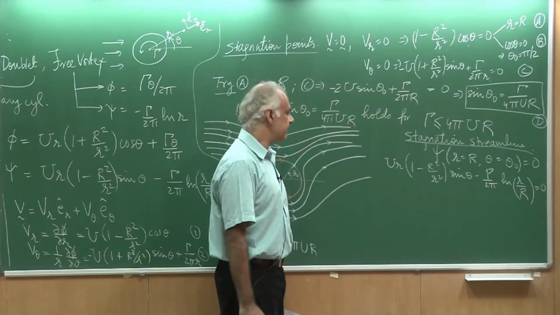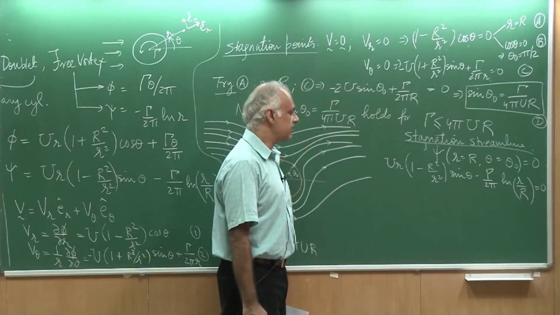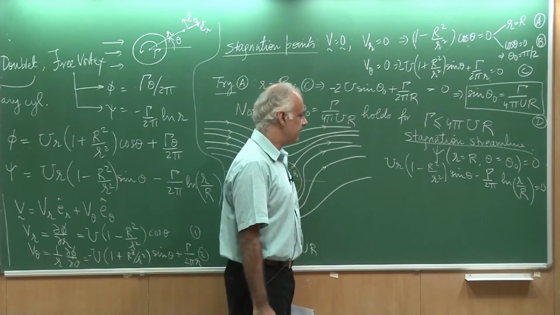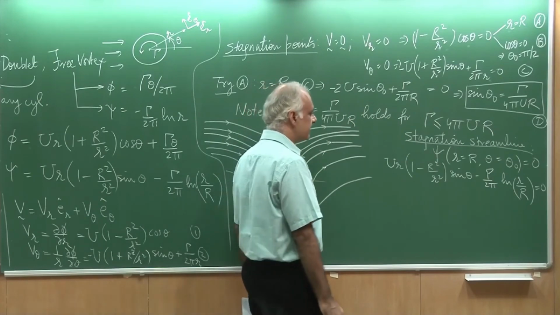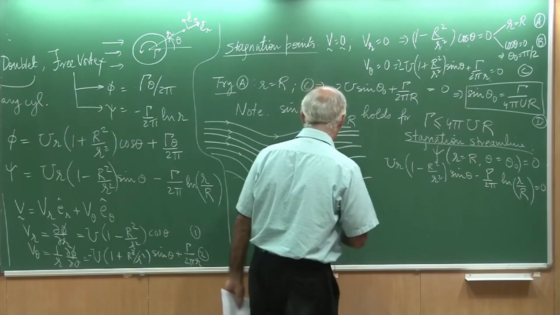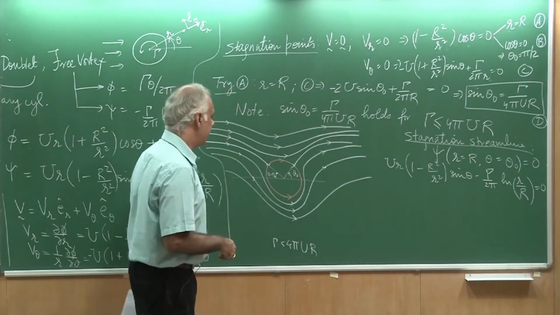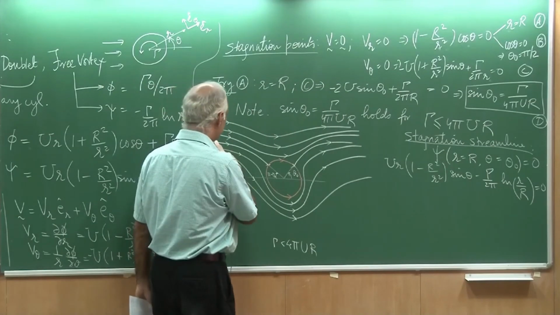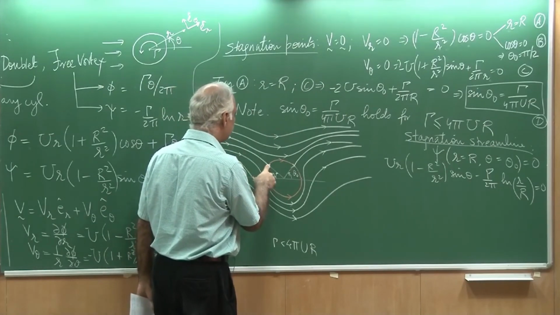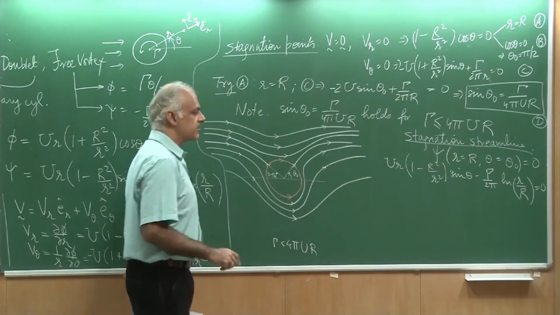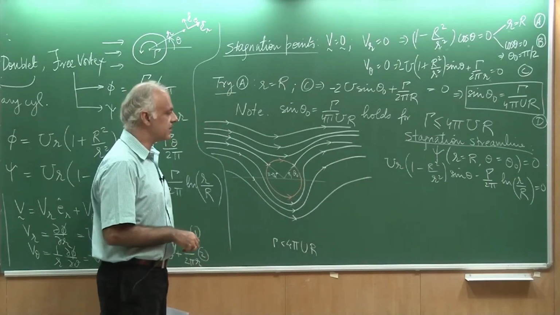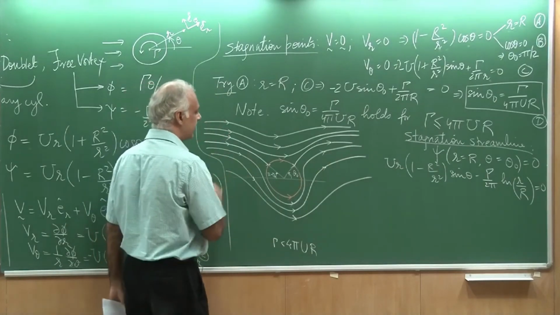This represents the equation of the stagnation streamline, and you can see that the circle itself would be a streamline. And the other streamlines which hit the stagnation streamline, if you plot these, you can use MATLAB or any other tool, you should be able to get these streamlines.